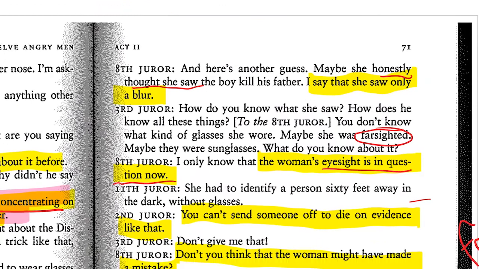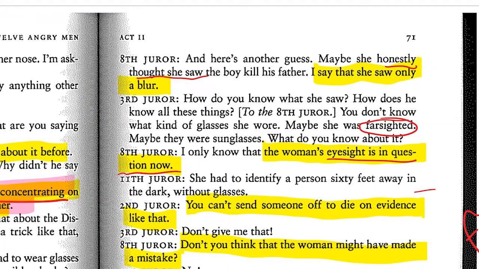And so maybe she thought she saw the boy kill his father, but maybe she only saw a blur, says the 8th juror. The 3rd juror says, well, maybe she was farsighted. We don't know. Maybe she actually wears glasses because she needs to read, in which case she could see the boy just fine. But the woman's eyesight is in question now.